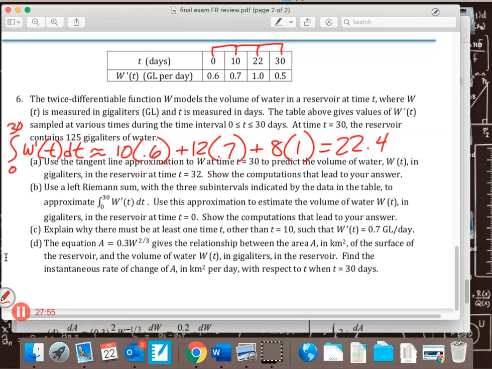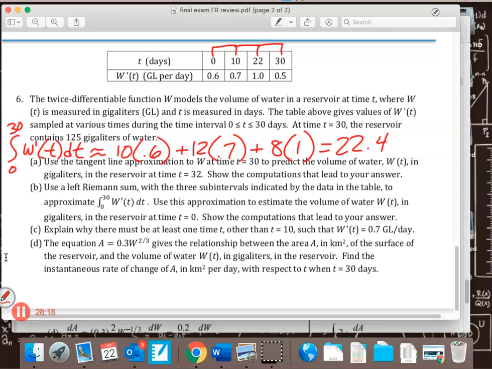All right. So use this approximation to estimate the volume of the water in gigaliters at time 0. So whenever you have to find an antiderivative amount at one point, that's a definite integral kind of a question. This is the kind of thing where we say, hey, look, ending amount equals starting amount plus the net change, right?